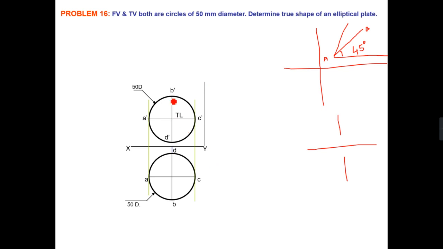and either I can draw it like projecting the lines from the front view and projecting lines from the top view, and then making the angle at 45 degrees like this and projecting it.